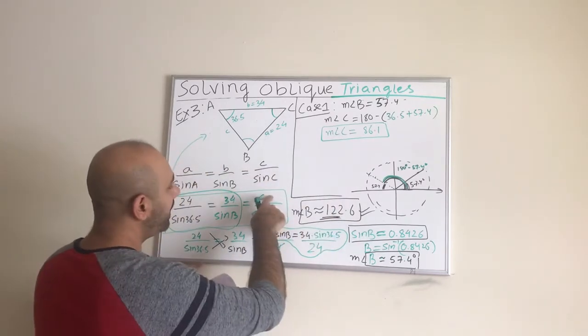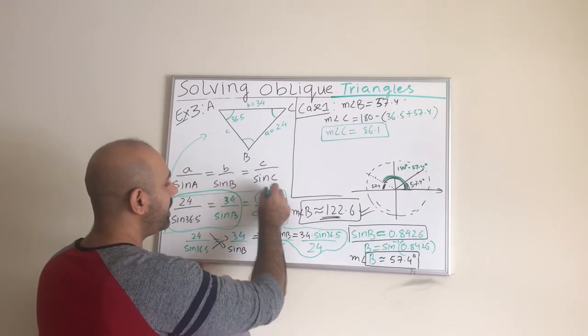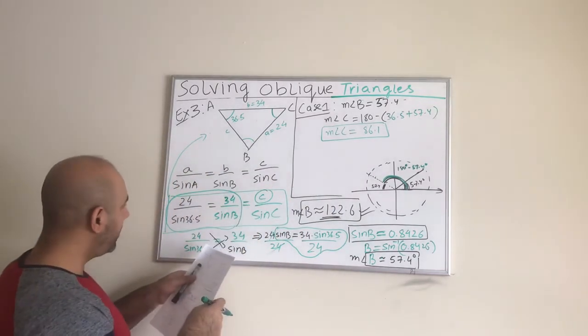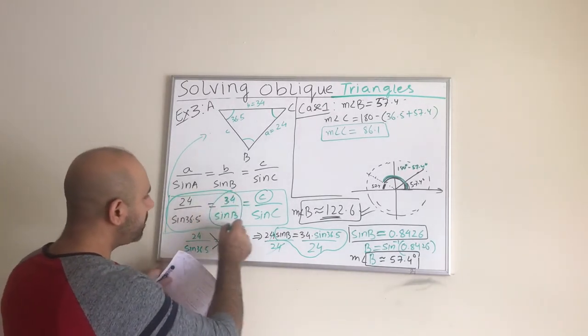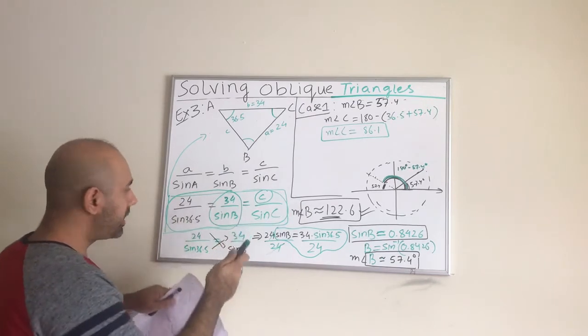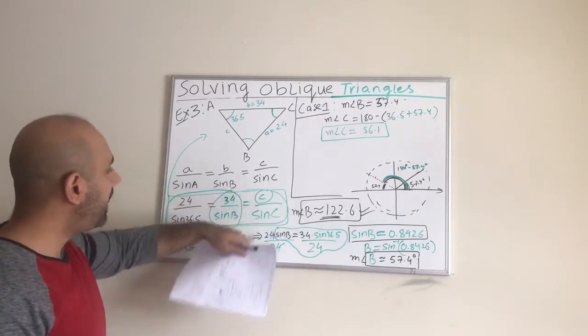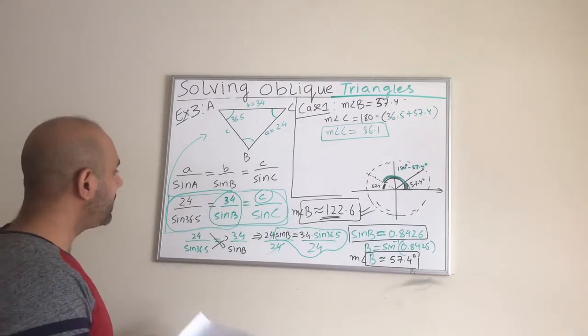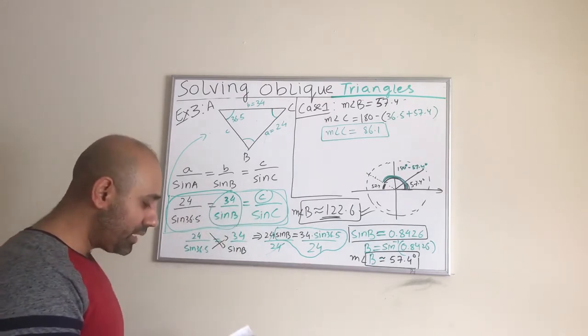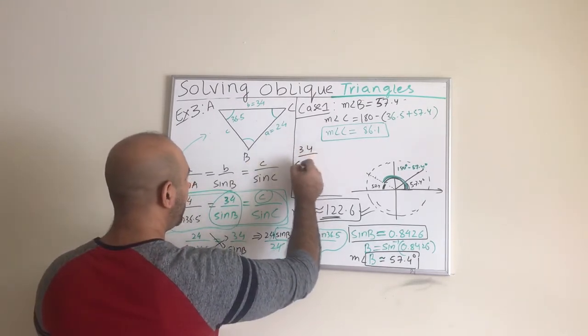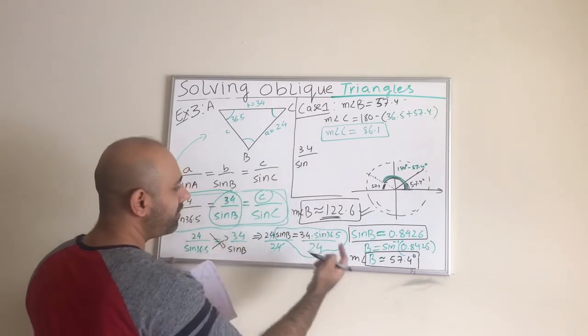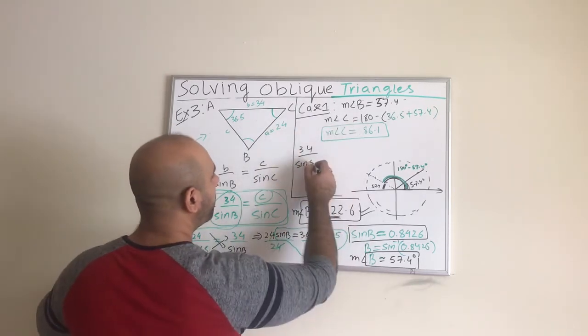I have the measure of angle C. I now have to figure out the length of side C. To do that, guys, I have used these two ratios, the second and the third. You are free to use the first and the last ratio; in both cases you are going to get the same answer. So I have used 34 over sine of B, and I already have the value for B, which is 57.4.